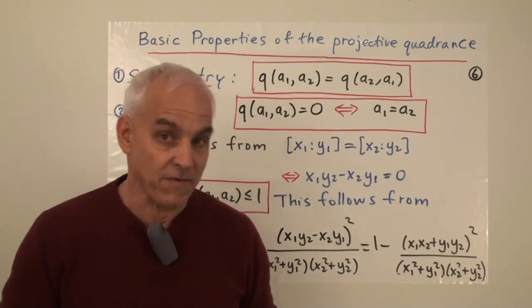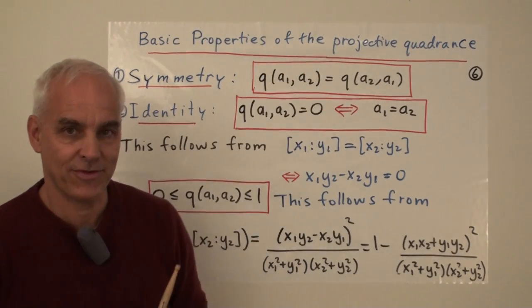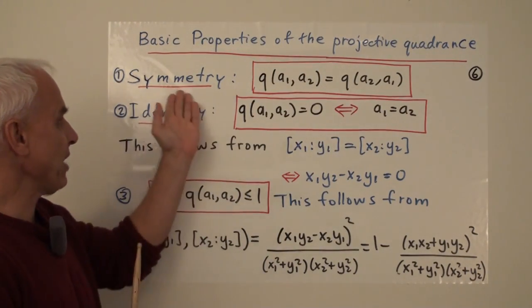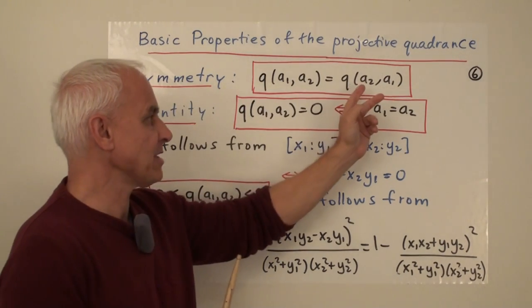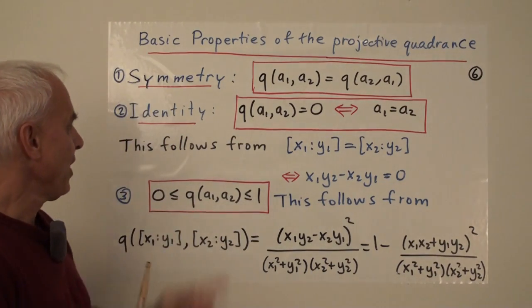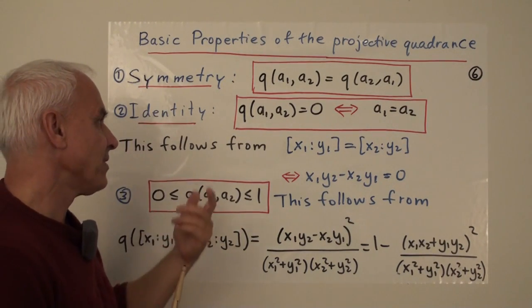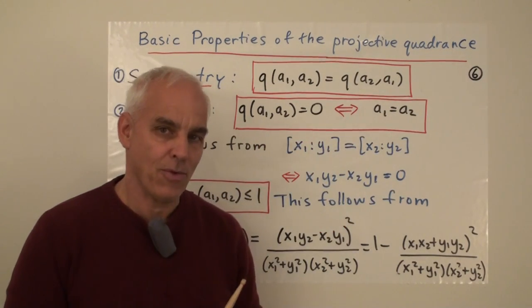So let's make note of a few simple facts about our projective quadrants. It's symmetric. The quadrance between A1 and A2 is the same as the quadrance between A2 and A1. There's a sort of an identity rule that the quadrance is 0 precisely when the points are equal.